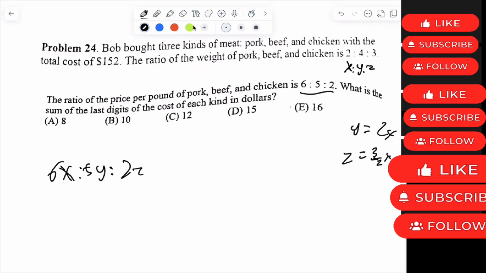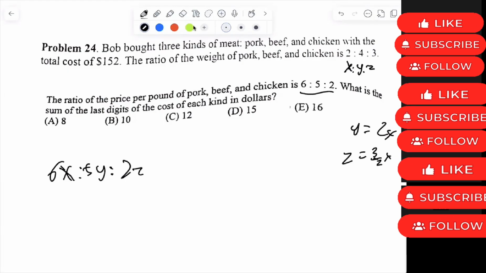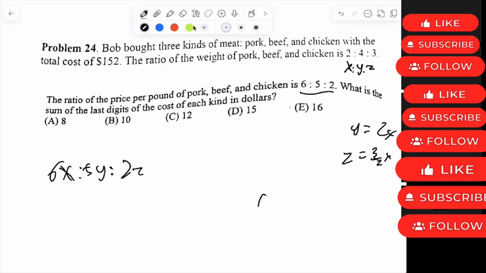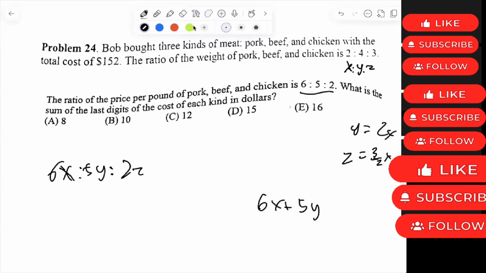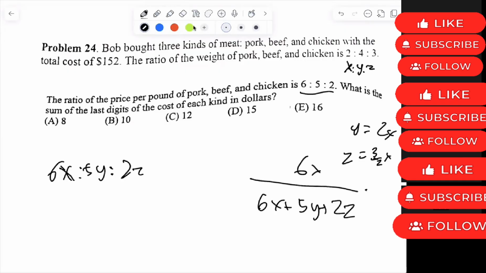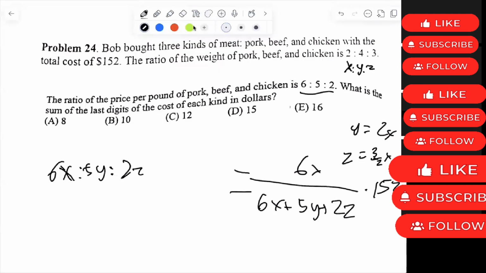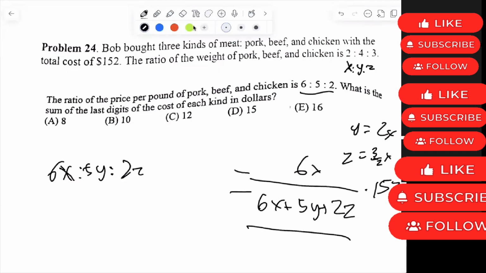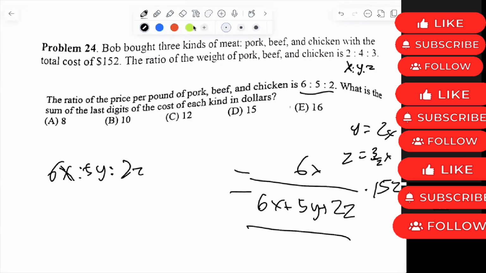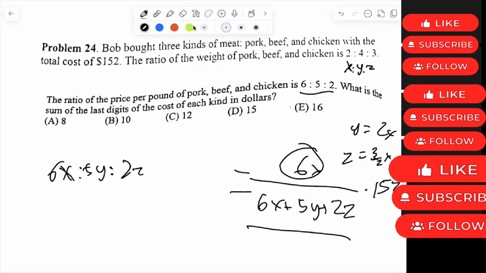The weight is going to be x, and the price we have to multiply together to get the total price. So adding all this up, we should get the price of each one. Alright, since this is the total price, and this is going to be the price in total, how much it costs.